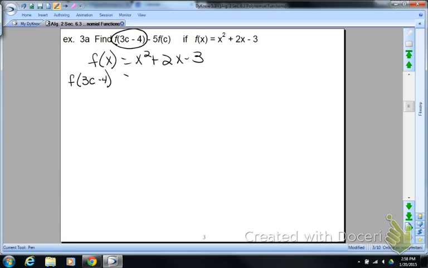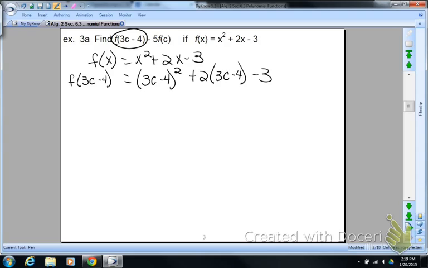So wherever I see x, I am going to plug in 3c minus 4. So everyone do that. That's 3c minus 4 quantity squared plus 2 times 3c minus 4 minus 3.